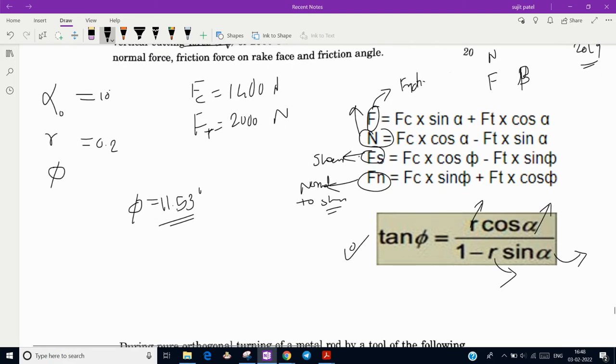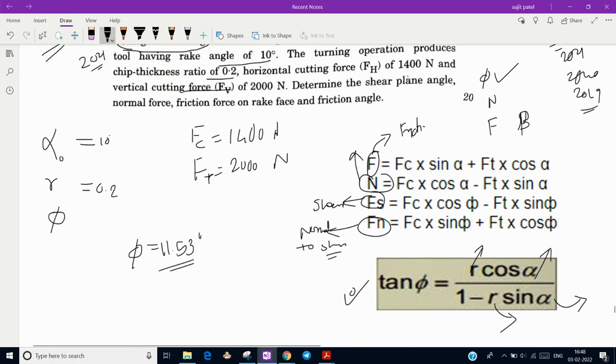Then the frictional force equation is given by this: F is equal to Fc sin alpha plus Ft cos alpha. We have Fc value 1400, alpha value 10 degree, Ft value 2000, and alpha value 10 degree.